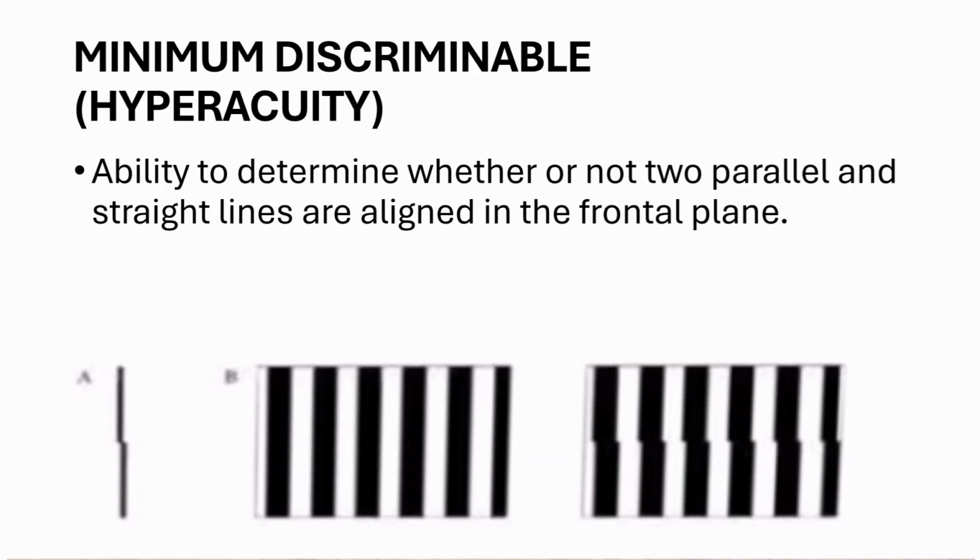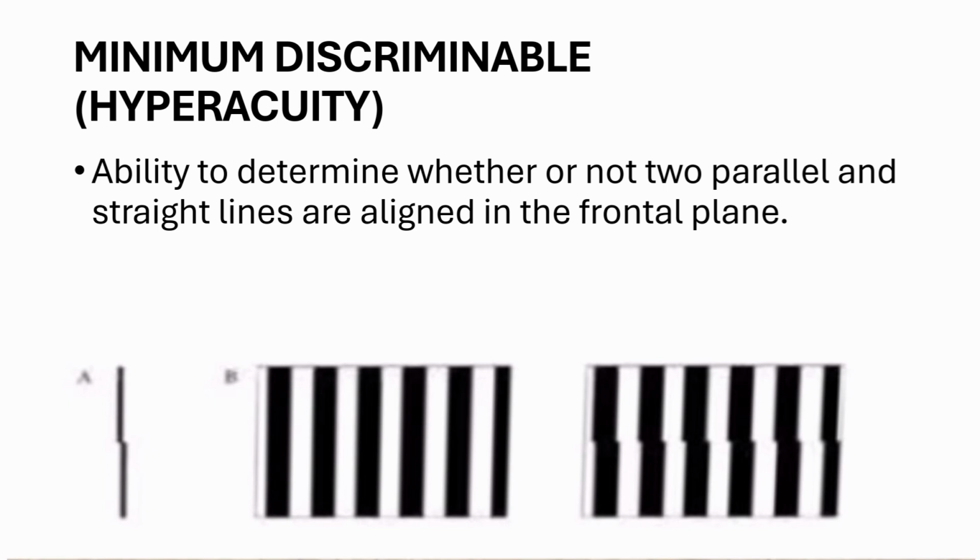Last, minimum discriminable. It is also called hyperacuity. It is the smallest detectable difference or misalignment between visual stimuli. It is often smaller than the diameter of a photoreceptor, hence called hyperacuity. It is only about detecting relative position, not size, shape, or recognition.